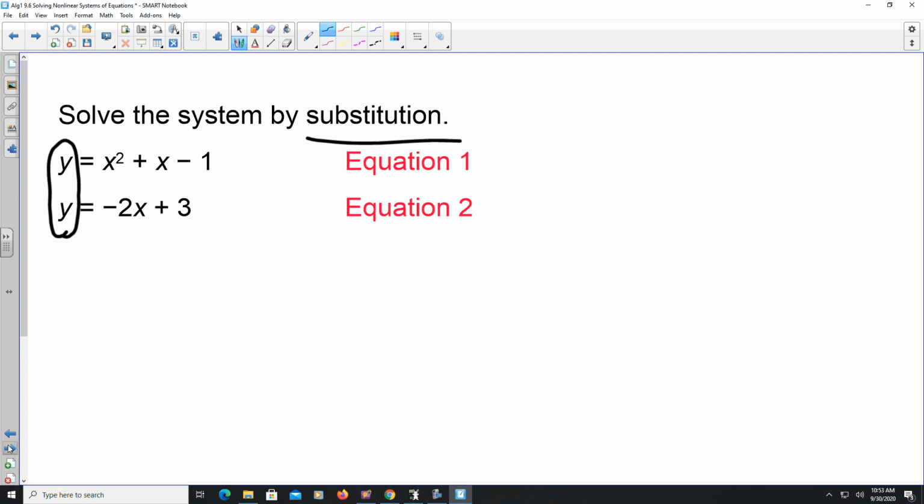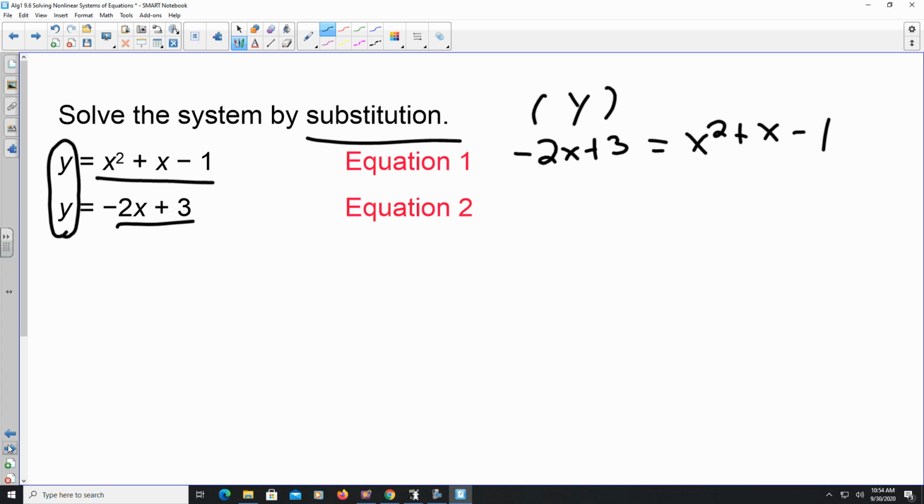So what we're going to do is replace y's with these values of either x squared plus x minus 1 or negative 2x plus 3. Since they are already equal to y, we're going to set them equal to each other. So this is going to be negative 2x plus 3 is equal to x squared plus x minus 1. This right here is y in the first equation. Well, y also equals negative 2x plus 3. So that's why we can substitute that.